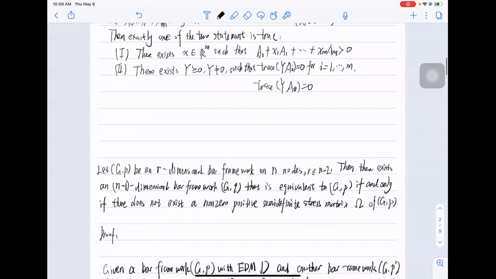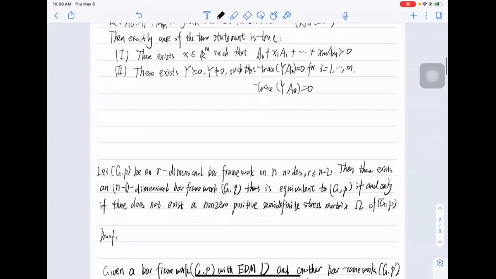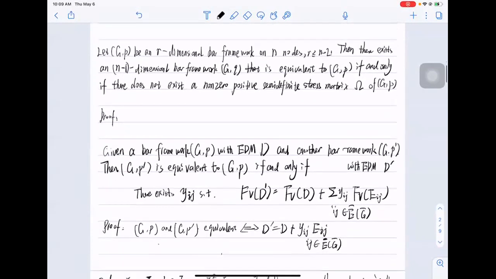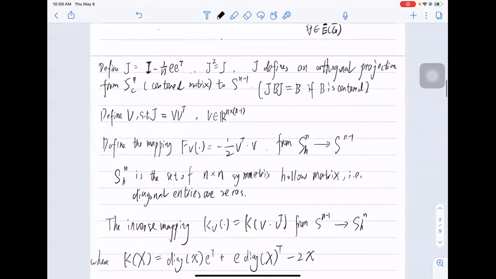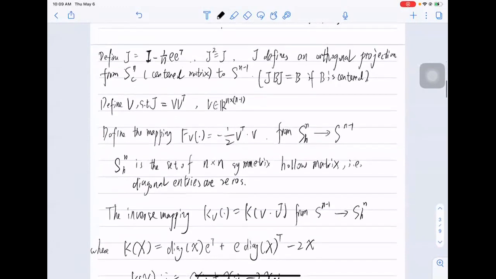Okay, before that I want to introduce some basic notation. We define the matrix J equal to I minus 1 over n e e transpose.